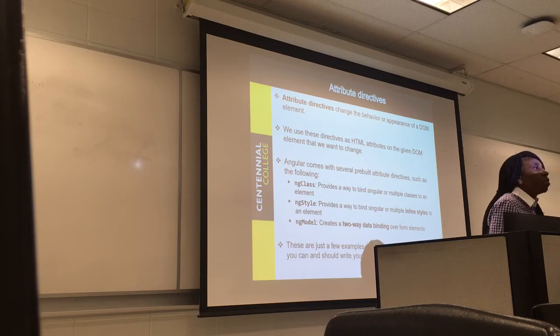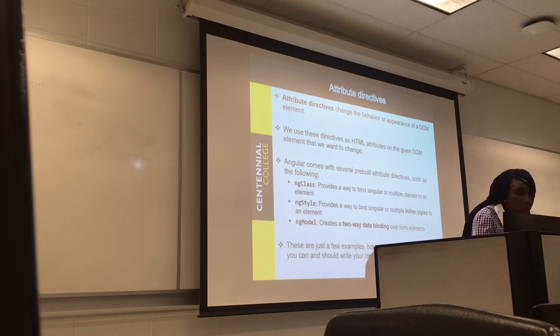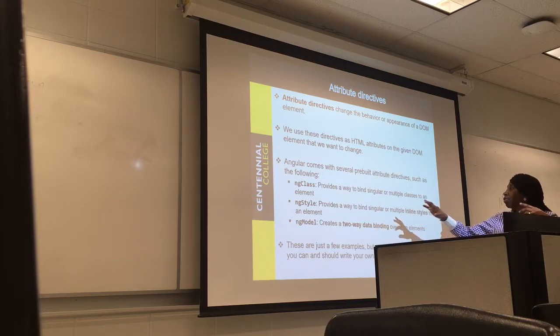We'll be seeing some of these directives which help to translate our template into our views, right? Angular comes with several pre-built attribute directives, such as the ng class, the ng style, the ng model. The ng class helps to bind single or multiple classes of elements.